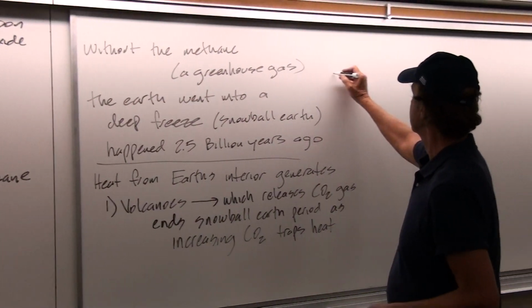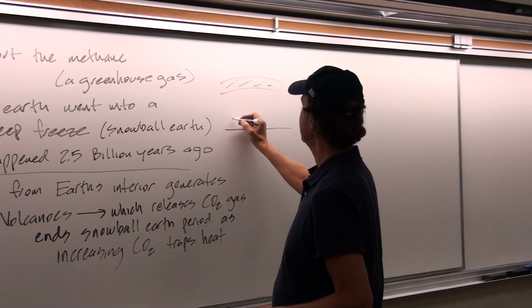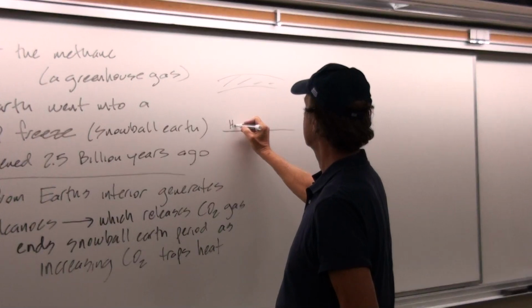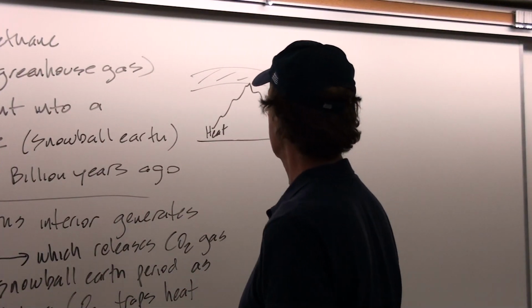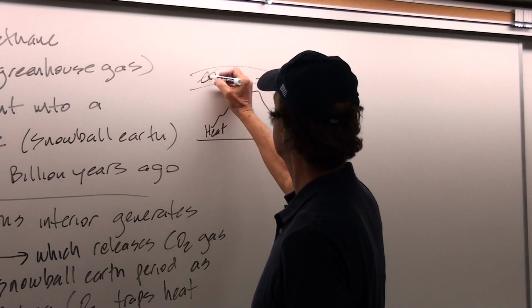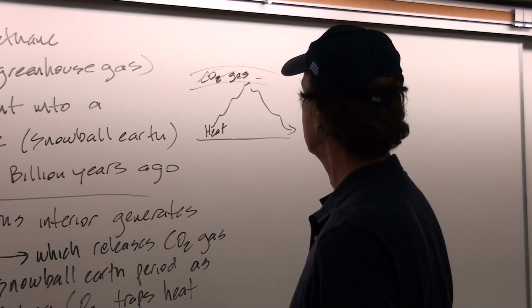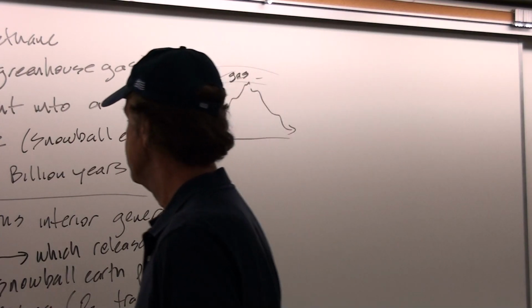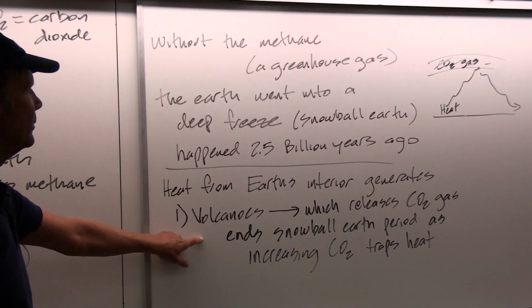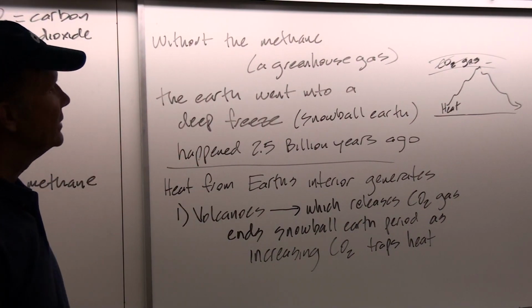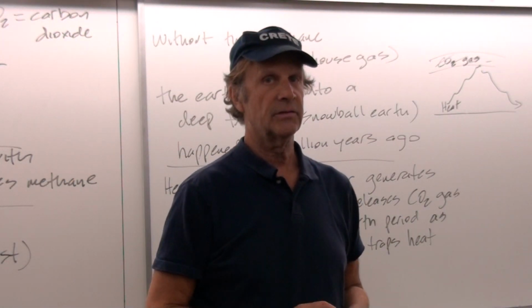Okay, so we can think of the carbon dioxide atmosphere then as being a lid that holds in the heat. So the heat then tries to escape, that is prevented from escaping by the carbon dioxide gas. Okay, and we'll talk more about this in a little while. This process of volcanoes releasing carbon dioxide gas is a way in which the Earth is able to regulate its temperature.